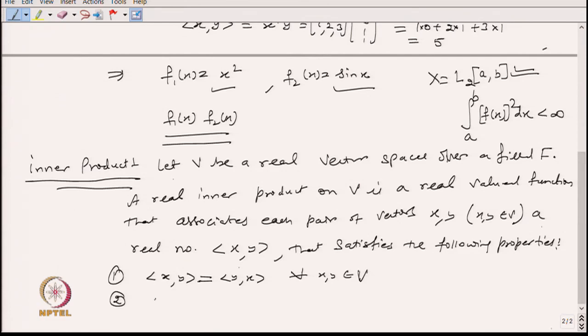The second one is that for k times x, y, I can take k common, then it should be equal to k times the inner product of x and y. It should also be true for x and y belonging to V and k a scalar. In this case we are taking real numbers.